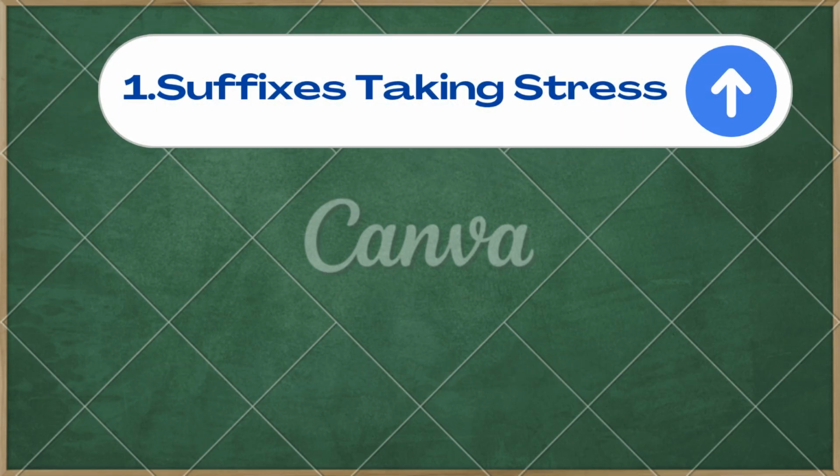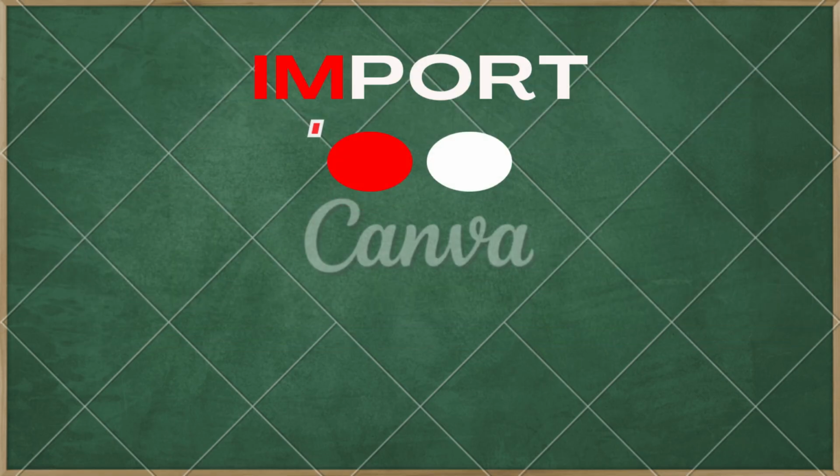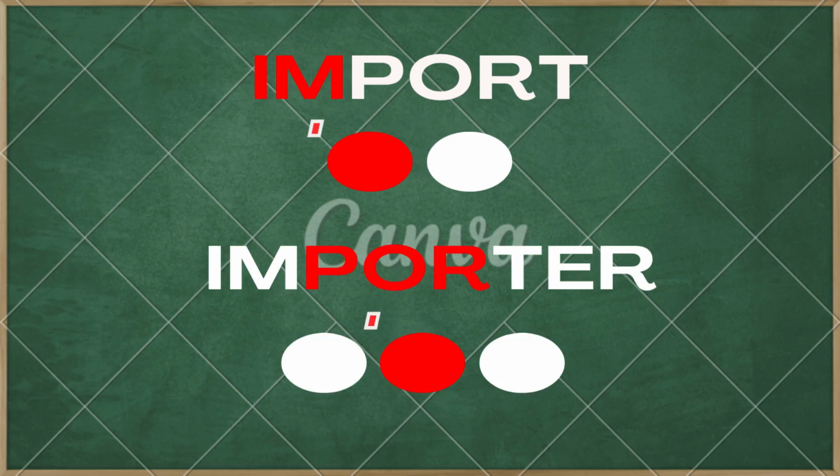Pay attention to suffixes like ee, eer, and esque. These suffixes tend to attract the stress onto themselves, sometimes causing the stress to shift from its original position in the base word. For example, import. Stress shifts from the first to the second syllable.